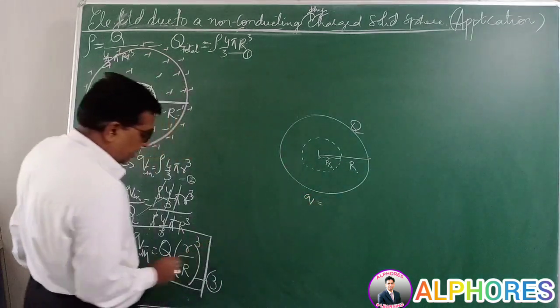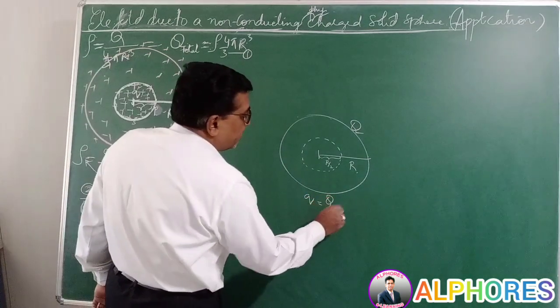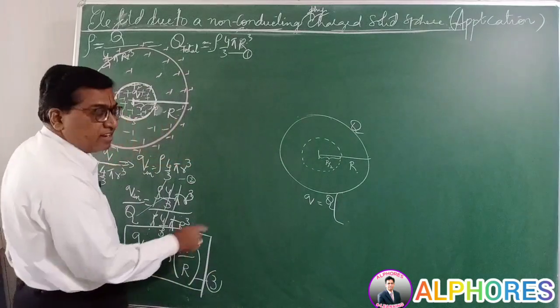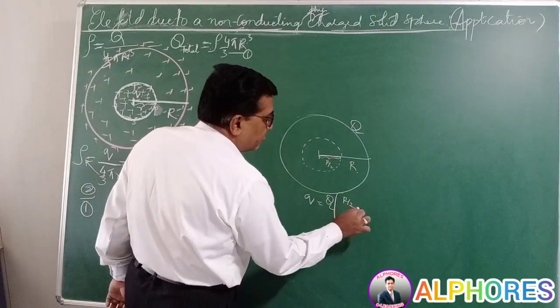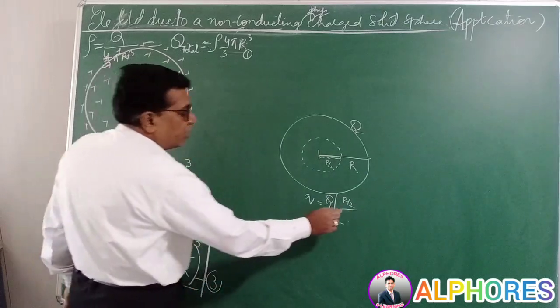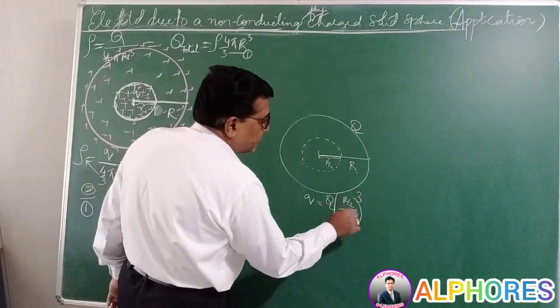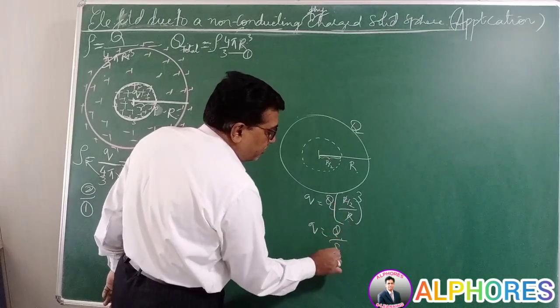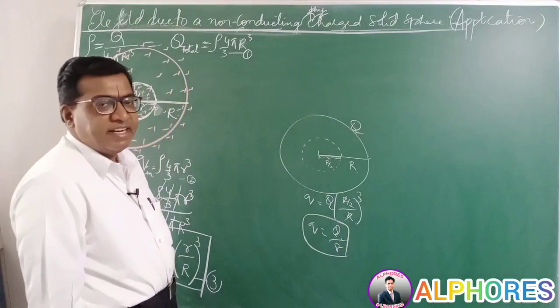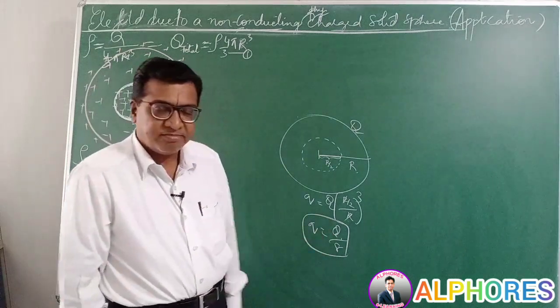So q is equal to, according to this formula, capital Q times small r, the radius of the inner sphere, that is R by 2, by capital R whole cube. So R cancels, the charge is capital Q by 2 cube. 2 cube is 8. So the charge contained inside is Q by 8.